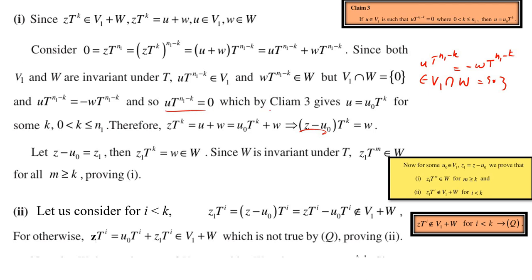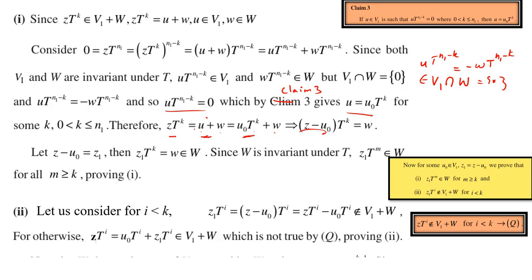Now we already had in claim 3 that whenever we have this to be true, we can write our U as U naught T power K, for K positive, less than or equal to N1. Therefore, when we consider Z T power K, we can write it as U plus W, where U is replaced by U naught T power K, plus W that we have as such.